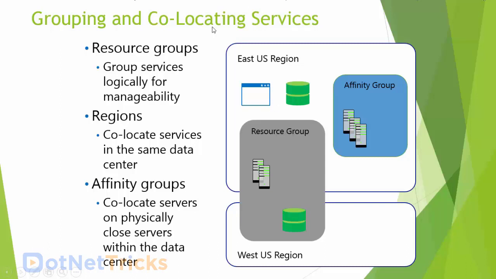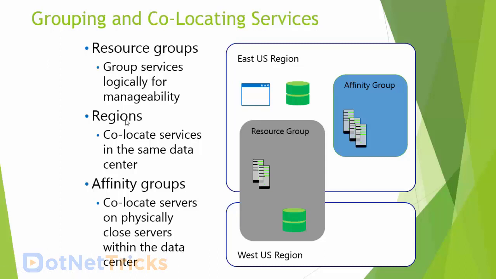Now the second thing is co-locating region-wise. Resource groups provide a logical grouping of services. By default, whenever you create any resource, you have to select at least one region. So by default, this region concept is always applicable.